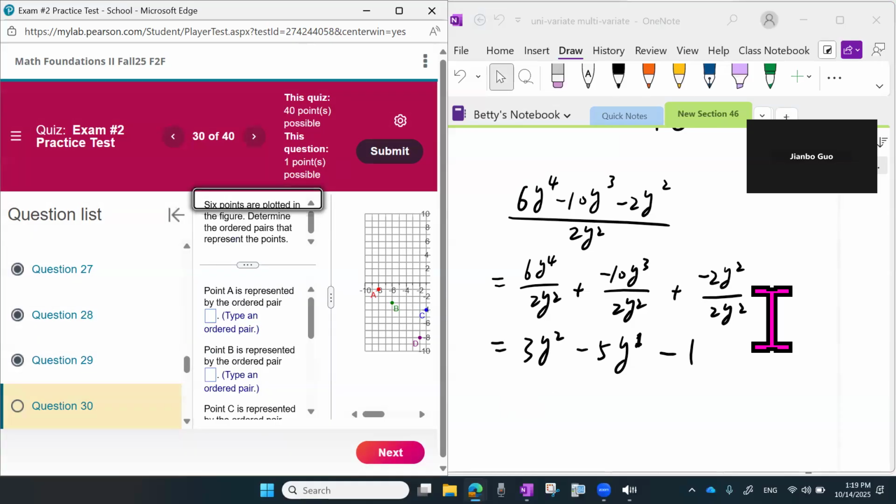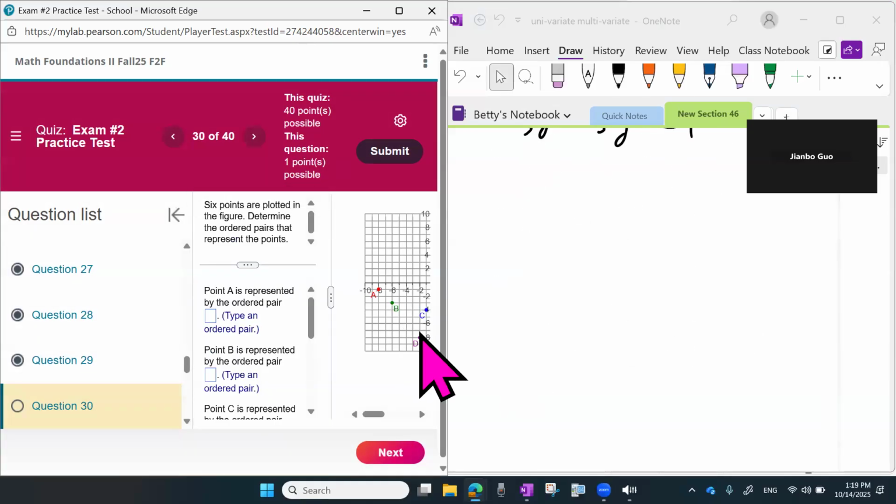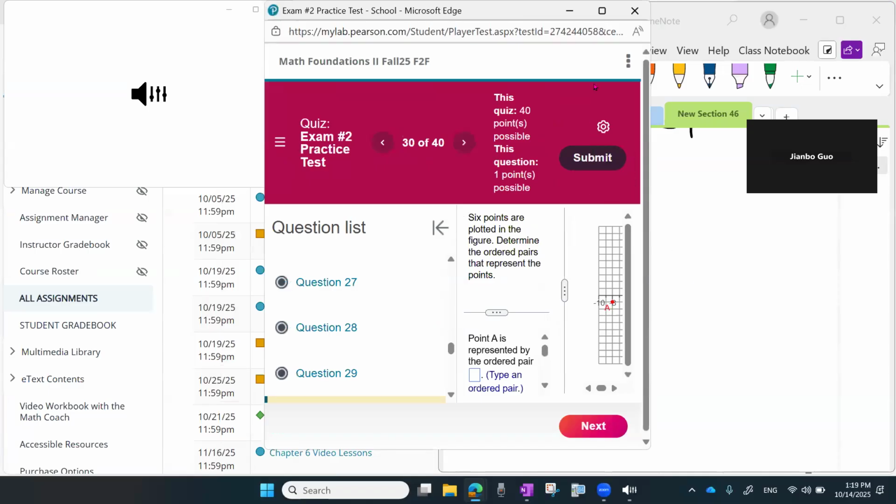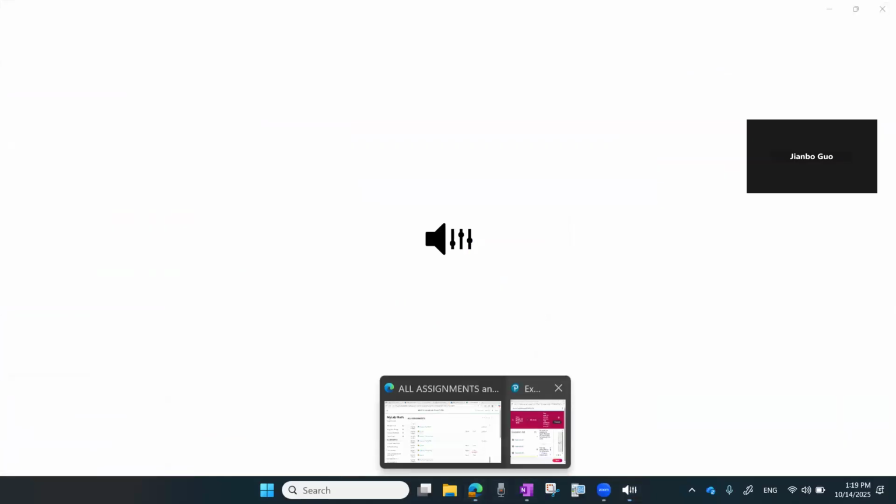Next, number 30. Okay, so this is a problem regarding the Cartesian plane, I believe. So let me maximize this page.